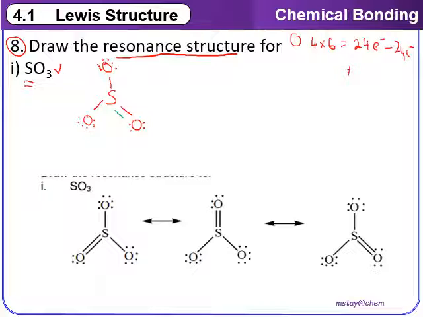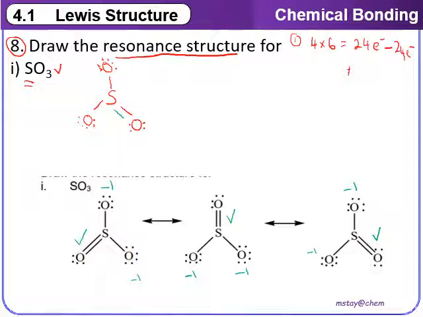After we form this double bond, we will notice the double bond can be not only at the bottom right, but the double bond may also form at the central top or the bottom left. So even though I have changed the position of the double bond, the formal charge for oxygen with a single bond is still always -1, no matter whether it is in the first structure, second or third structure.